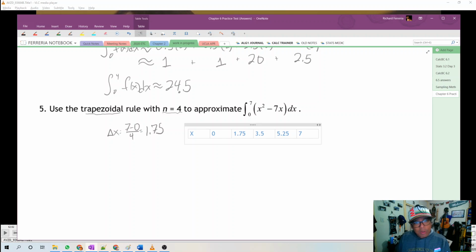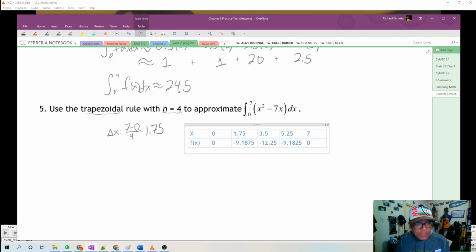So we're going to have to evaluate f of x in all of those places. Now, I know I said this is not supposed to be a calculator question, so we should be able to evaluate all of these, but I'm going to do those really quickly.